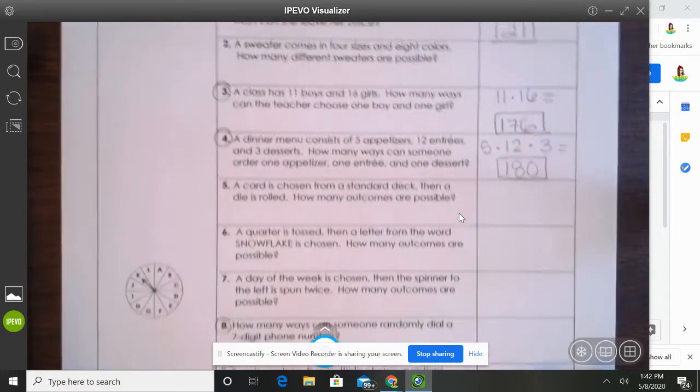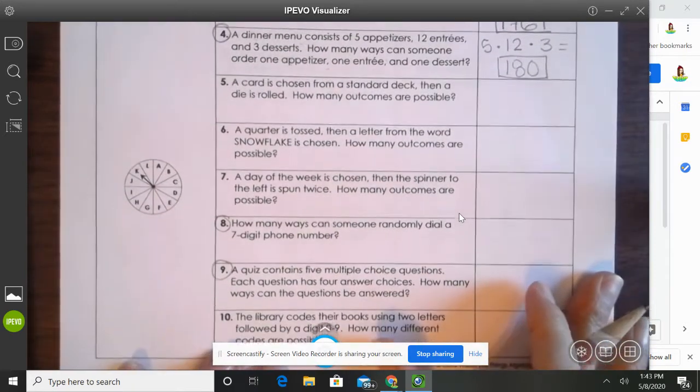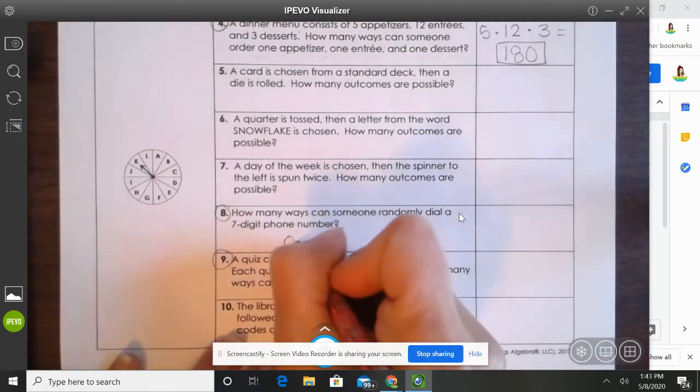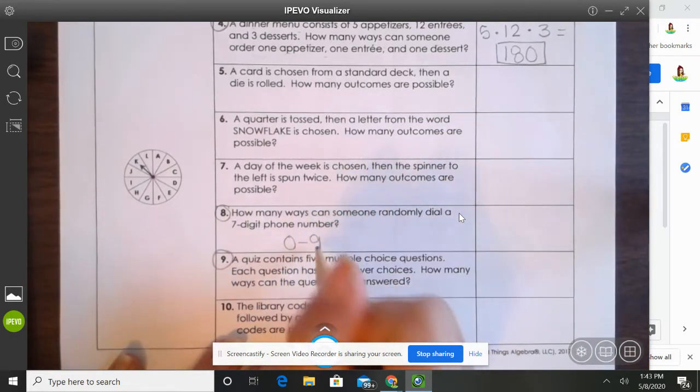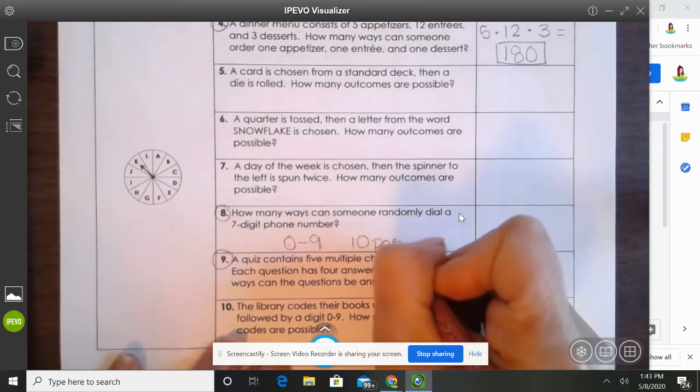Let's see another example, a different type of example. I think this one is pretty popular because when you're trying to come up with a number or a code or something like that, you think about this. It says, how many ways can someone randomly dial a 7-digit phone number? If you choose numbers from 0 to 9, counting 0 and counting 9, you really have 10 possibilities, right?